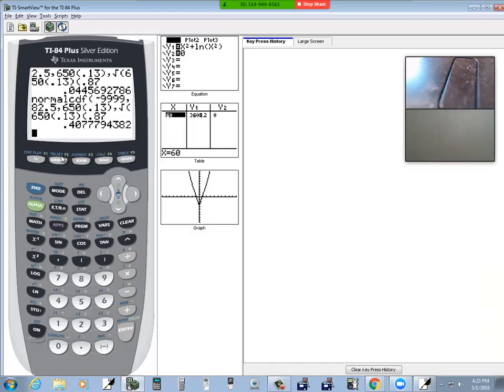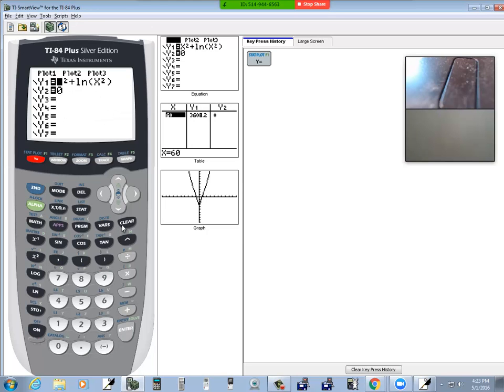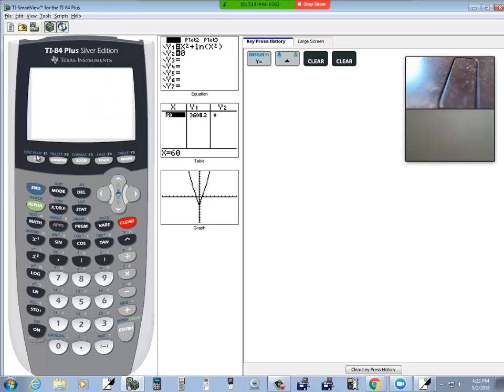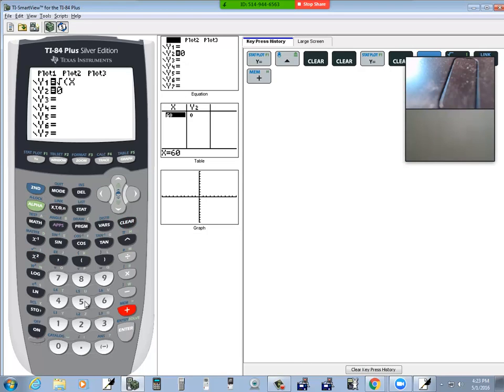Yes. If I come here and I put my square root of x plus 5, so I do second x squared, x plus 5, and then closing parentheses, and then plus 2.